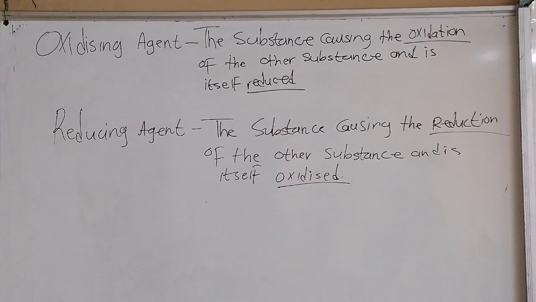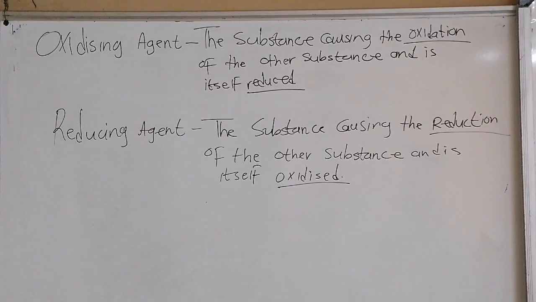So it is the substance causing the gaining of electrons of the other substance and is itself oxidized. If you look on your screen, you can see that for the oxidizing agent, at the end of the definition we have the term reduced, right? And for the reducing agent, at the end of the definition we have the term oxidized.